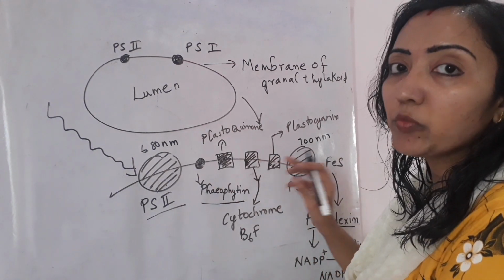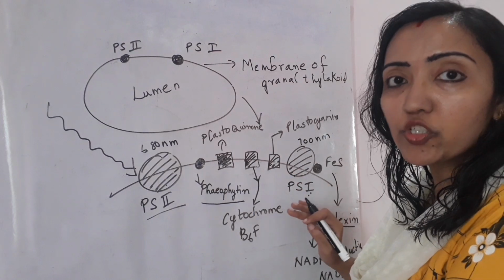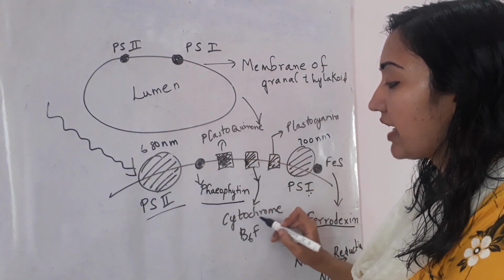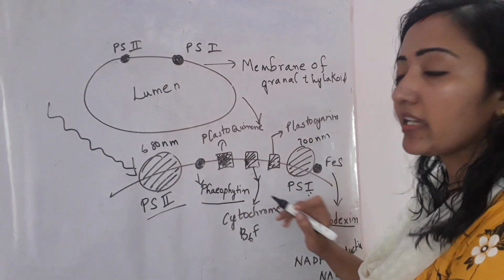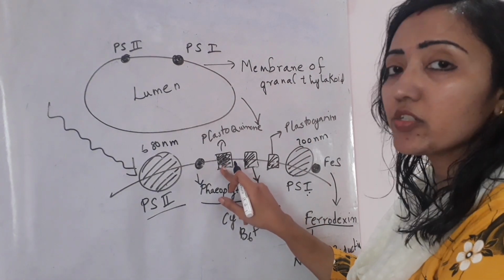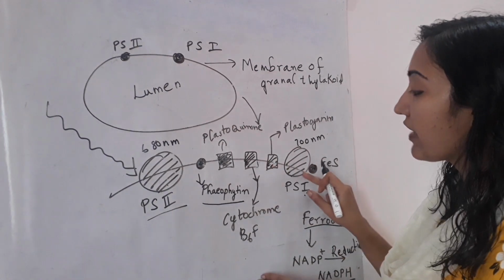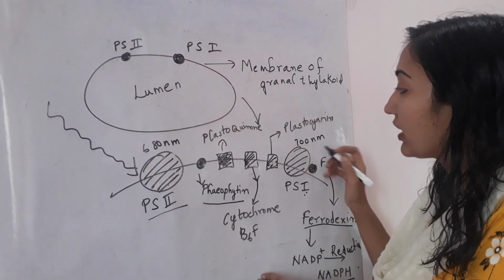Then the electron moves across the electron transport chain. Electron is given to plastoquinone, then cytochrome B6F and then plastocyanin, and finally the electron is given to PS1.